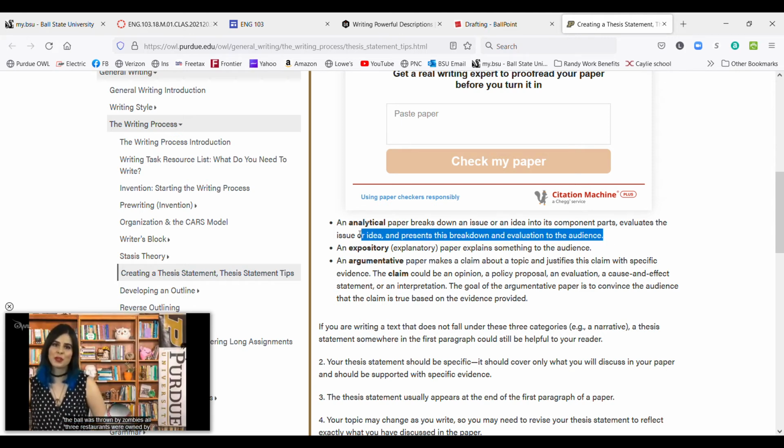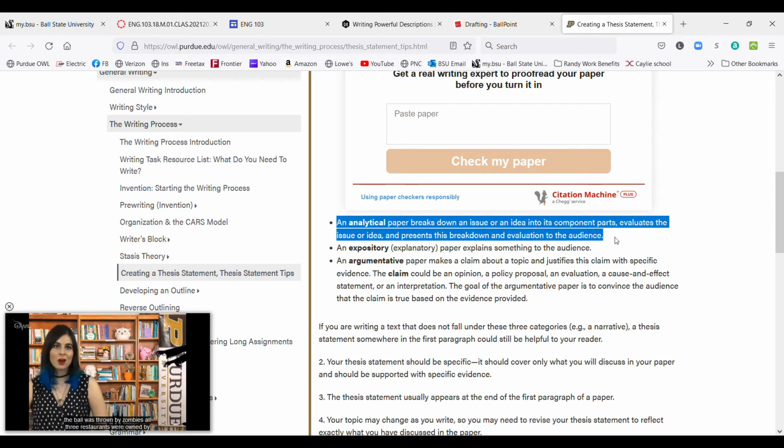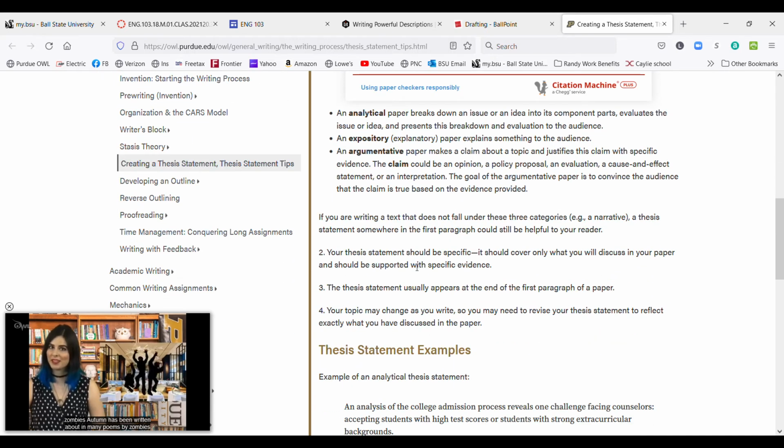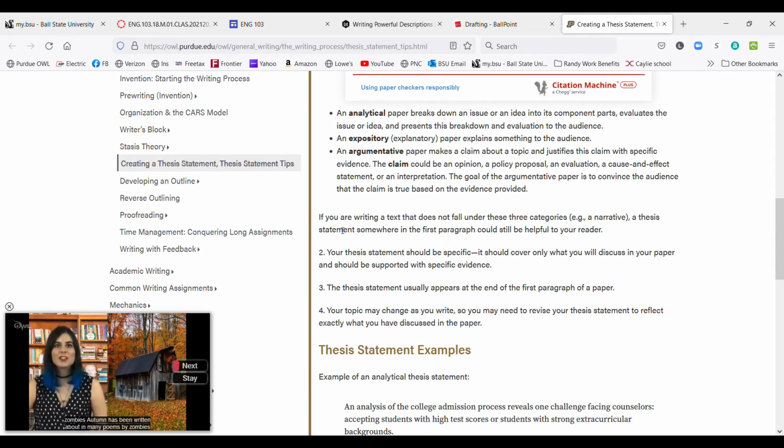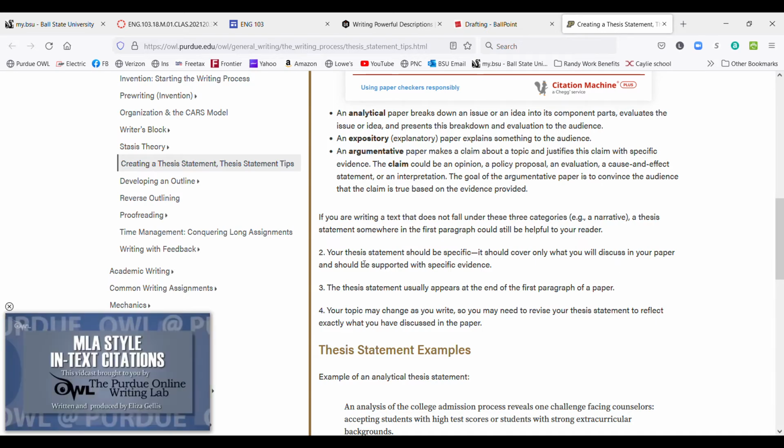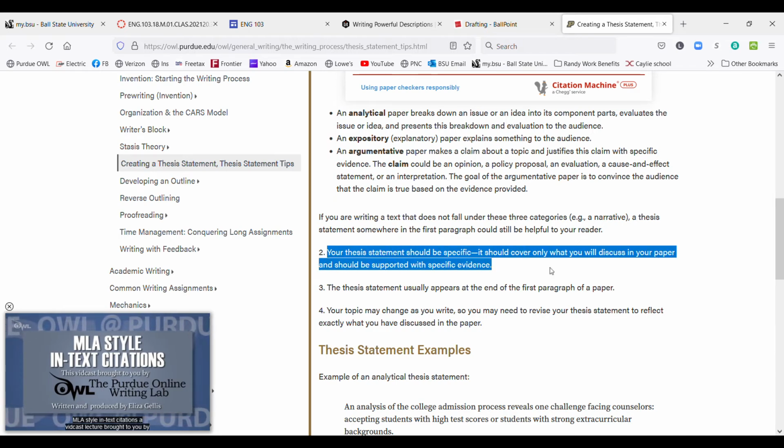So I'd say it's kind of like this. So if you need help, I would follow this. So you can kind of go down and your thesis statement should be specific. It should cover only what you will discuss in your paper and should be supported with specific evidence. So I think that's basically your analytical view.